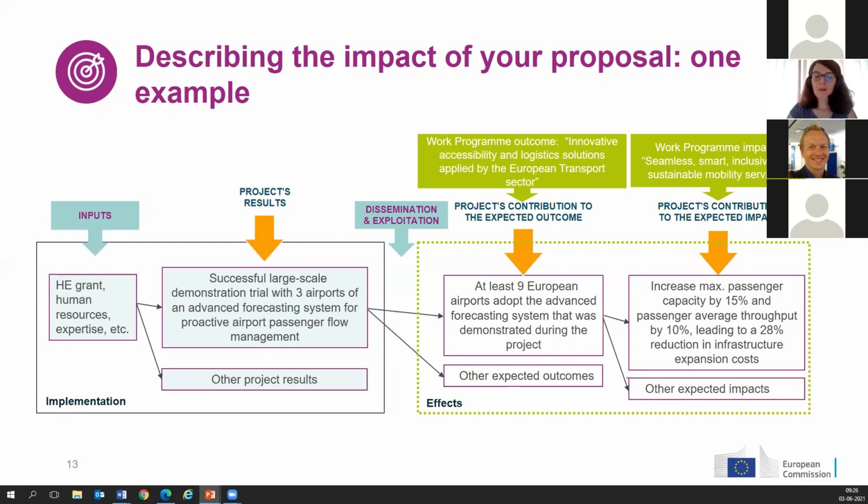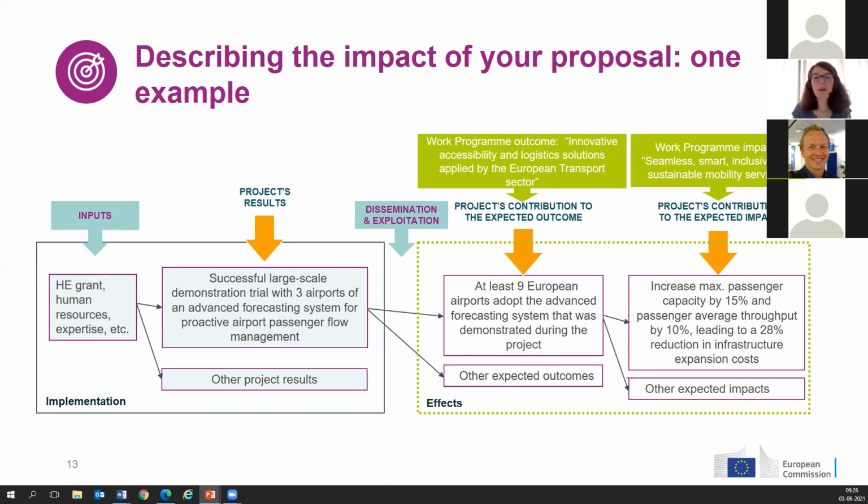And here we are in a fictive example in the part of the work programme dealing with transport and mobility. We open the section about transport and mobility, and at the destination level, at the chapter level, we have a list of impacts.